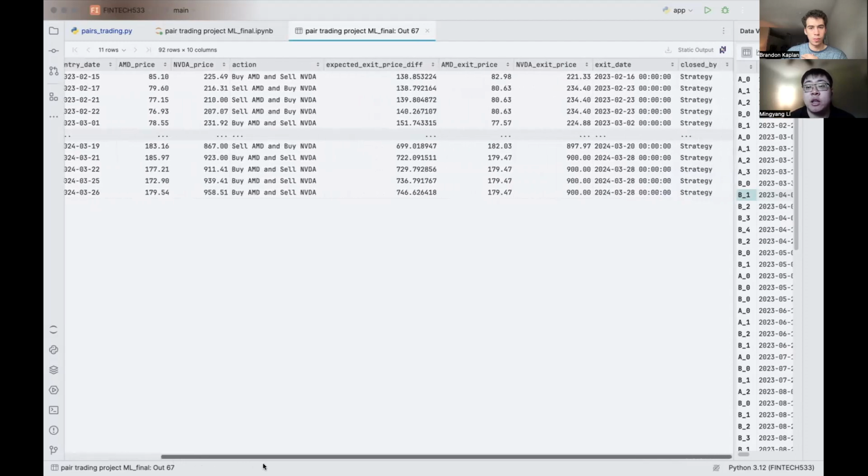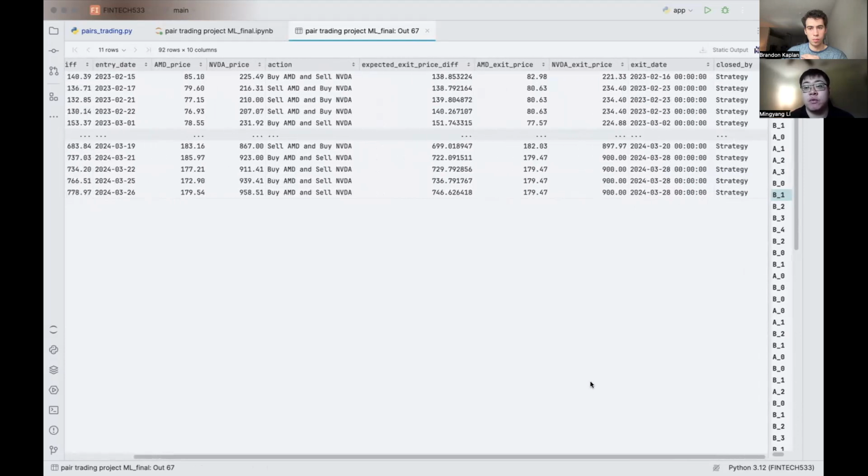And we can see the actual AMD exit price and the actual NVIDIA exit price, at what date, and closed by which method. Strategy means we successfully implemented our algorithm, and if we find something called requirement, it means it is over 30 days, so we just close with this rule.